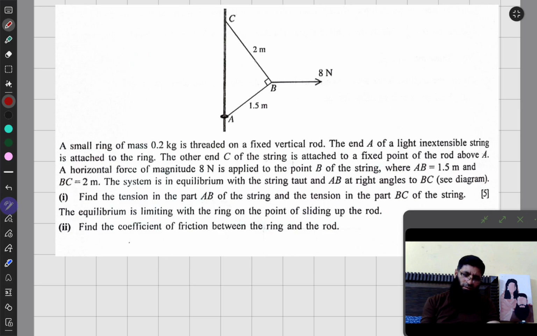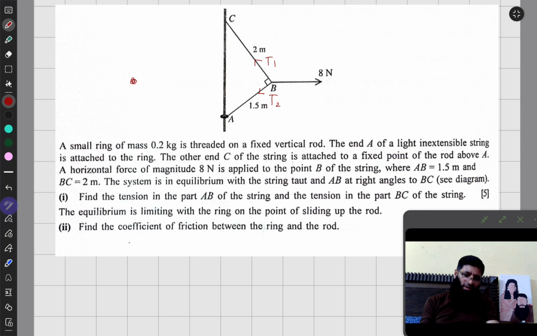Let's suppose this force is T1, and this force is T2, and you are supposed to find T1 and T2. You can see that you have a right angle triangle, and you can apply Lami's theorem, because these three forces are coplanar forces, and the sum of these forces is 0 because the system is in equilibrium.